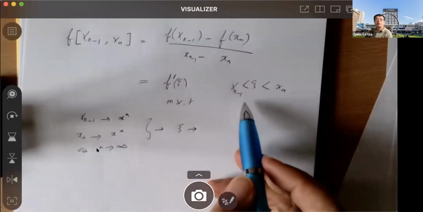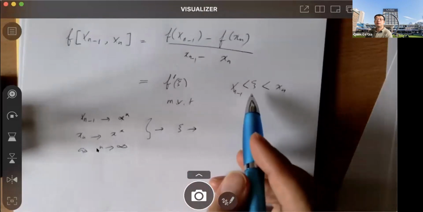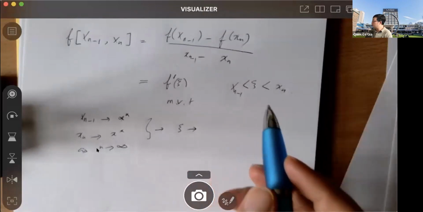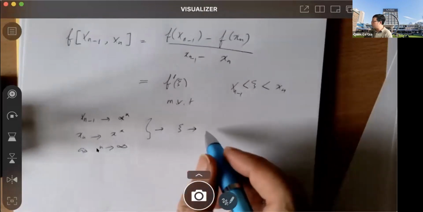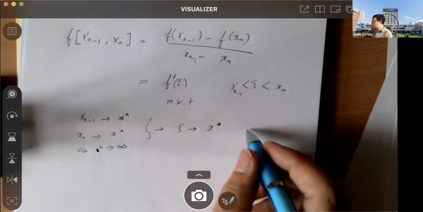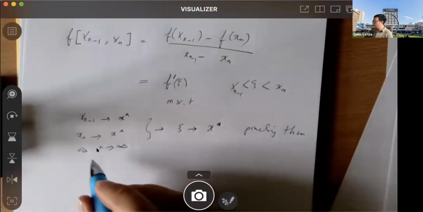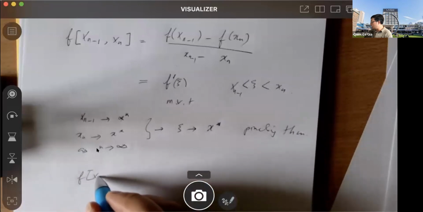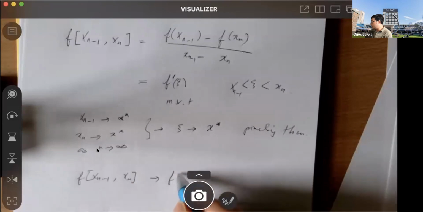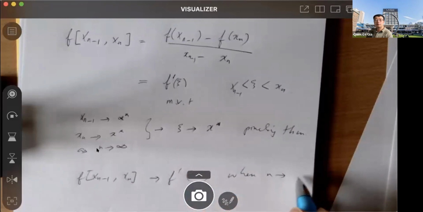So by the squeeze theorem, xi has to go to x star as well. Therefore the divided difference of f over xn minus 1, xn goes to f prime of x star when n goes to infinity.